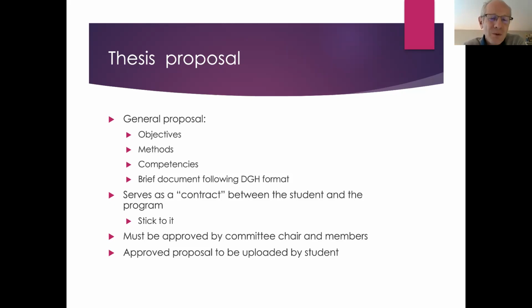You have to do what is proposed in the proposal, but on the other hand, it serves as insurance that your committee should not ask you to do way more than what is included in the proposal. So you have to be loyal to your proposal and stick to it. The proposal must be approved by the committee chair and members before you start your thesis work, and the approved proposal has to be uploaded by the student to a Dropbox that we have for this purpose. And next one.